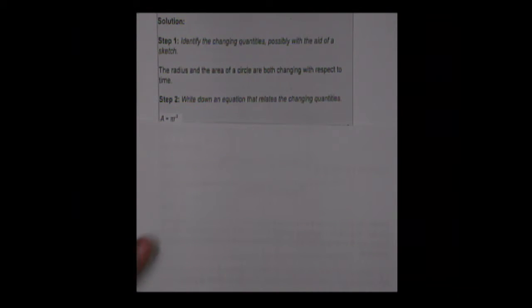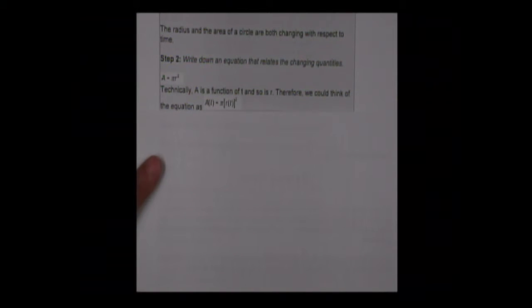Circular doggy puddle. So there's my formula. Area is pi r squared. And so again, remember as I said before, we could think of it technically as being functions of t, so we could think of it that way, although you won't typically see me write it down that way.